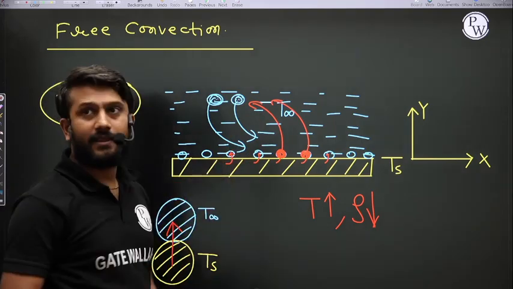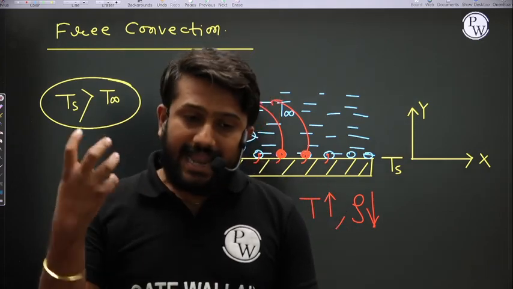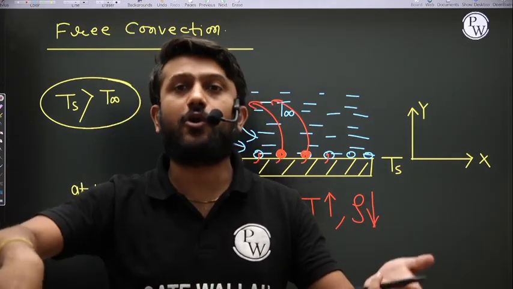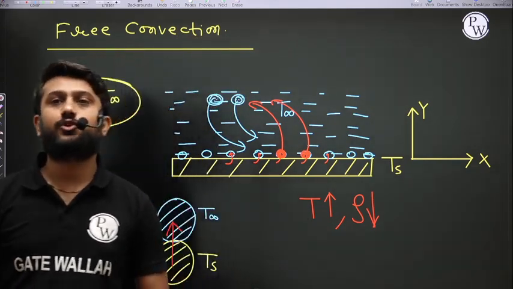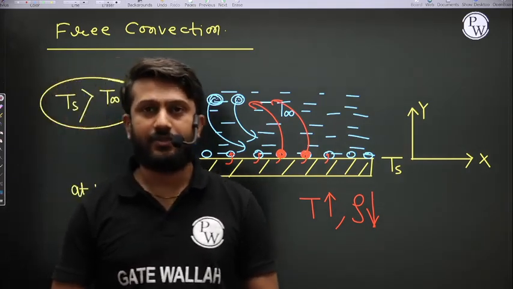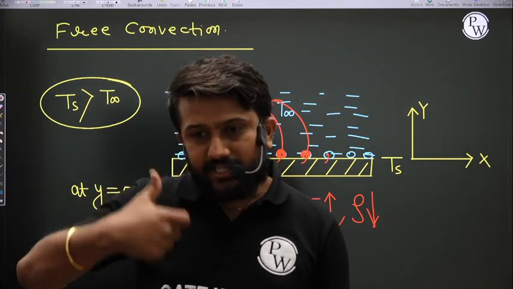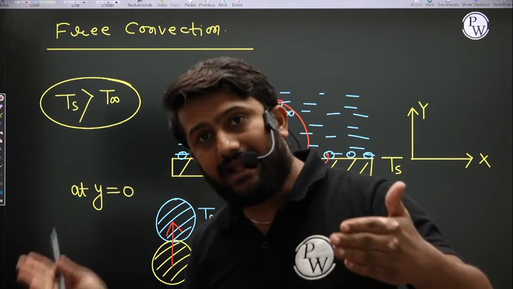See here, this is the natural phenomenon, lighter particles moving upward and heavier particles moving downward. And that's why this convection is known as free convection. So please try to understand the order. There is a temperature difference between the fluid particle and the plate.